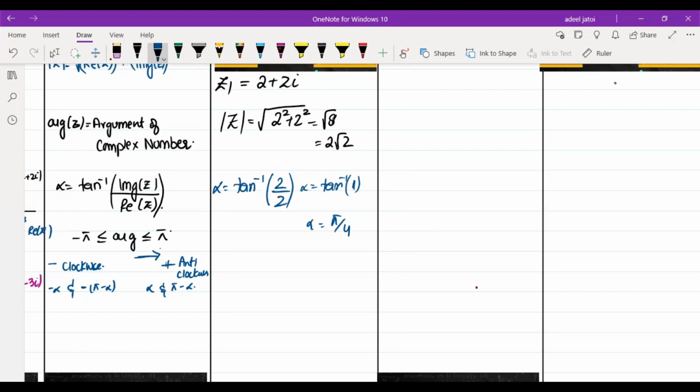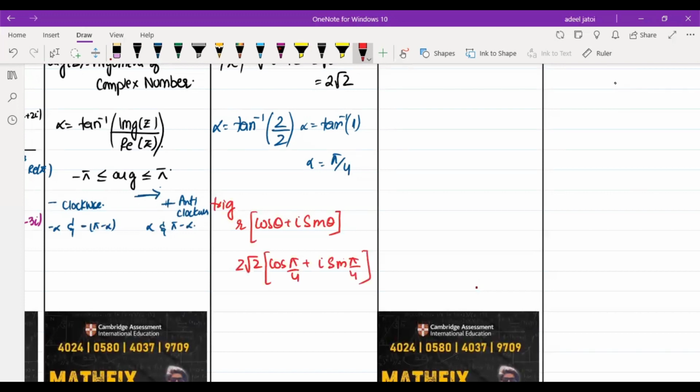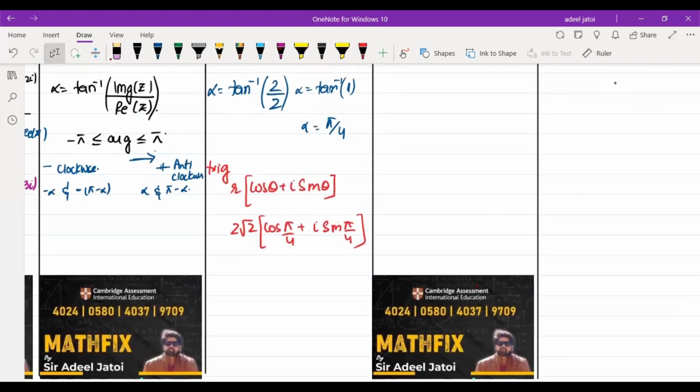So considering the information that we got, we can always write down this thing in the trigonometric form. Your trigonometric form was r cos theta plus iota sine theta, which means 2 under root 2 cos pi upon 4 plus iota sine pi upon 4. Now, this will represent your trigonometric form.